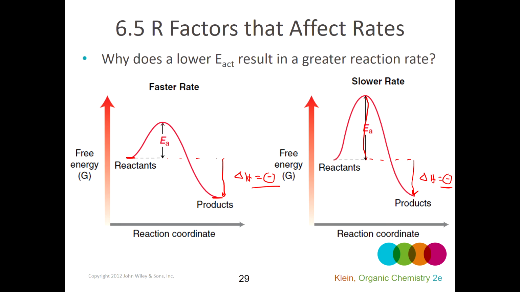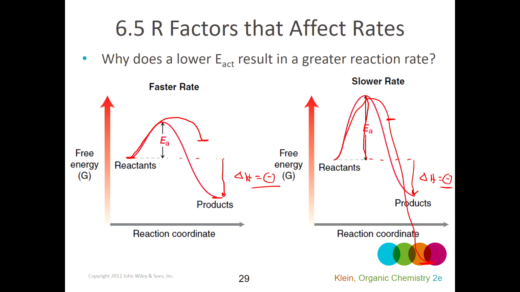I can have a small activation energy and a very negative delta H. I can have a small activation energy and less negative or even a positive delta H. So I could have a small activation energy and then the products are maybe still higher in energy than the reactants. I could have a very high activation energy and still have a very exothermic process or an endothermic process.